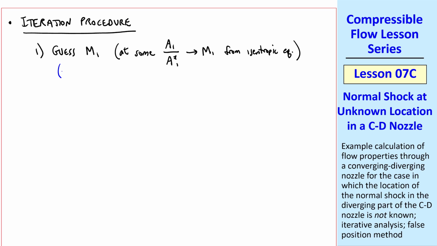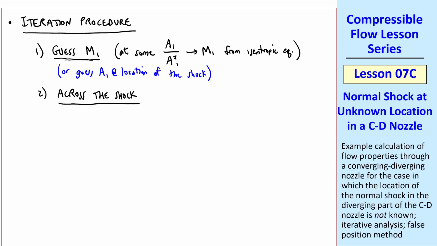What we're effectively doing is guessing A1 at the location of the shock. But this procedure works for any geometry, so I'm going to guess M1 instead of A1. Now we go across the shock and we calculate the stagnation pressure ratio, P02 over P01, which is a function of M1 and gamma.